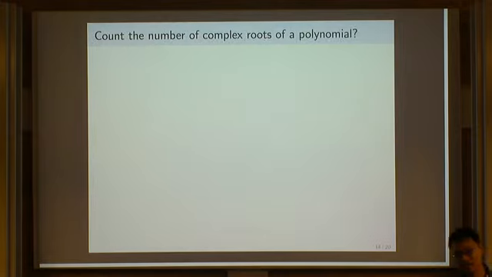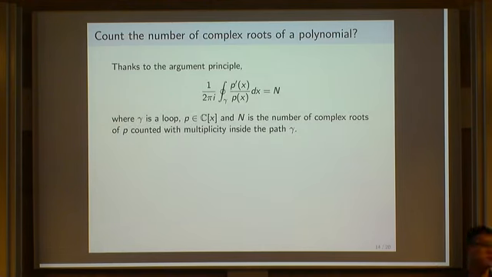Now, let us come to the second part of my talk, which is about the number of roots. I guess you may have a question: what do winding numbers have to do with the number of roots? The answer is, thanks to the argument principle, we can decide the number of roots within some domain using some kind of contour integral.